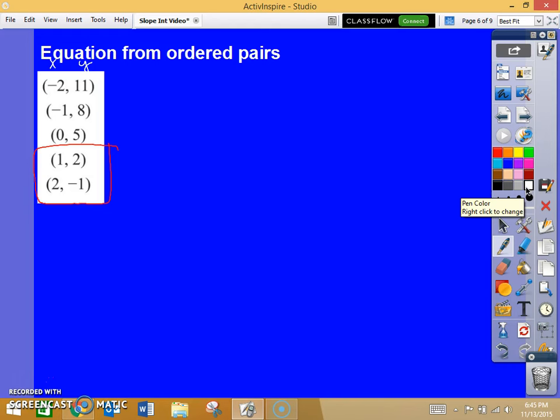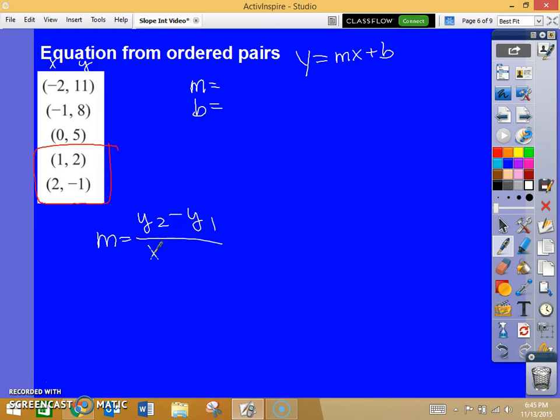All right, and so I'm going to use these 2 points, and I need an m, and I need a b. Why do I need these 2 things? Because I'm trying to write this in y equals mx plus b. So let's find m. Once again, I'm going to rely on one of the methods that I have for finding slope. This time I'm using the slope formula.